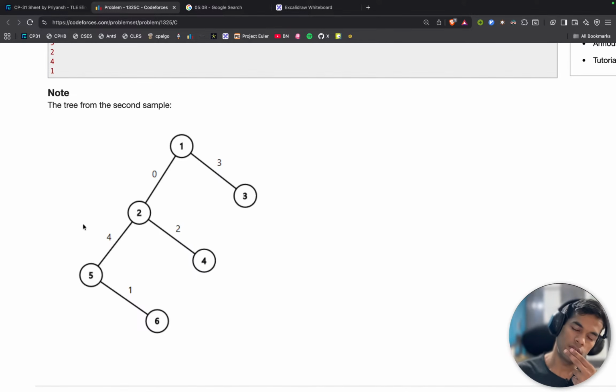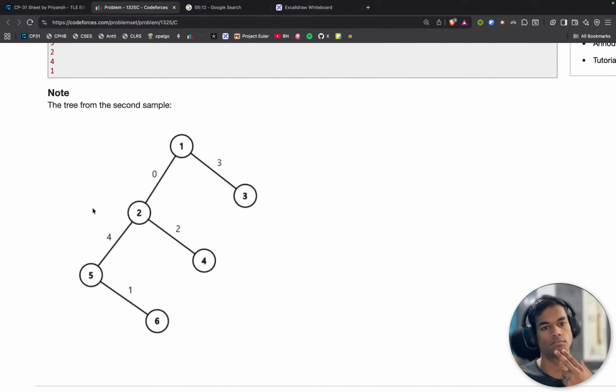Could we have changed this? What would we want? Whatever the longest path is, we do not want all of these numbers. We could have had 1 here.